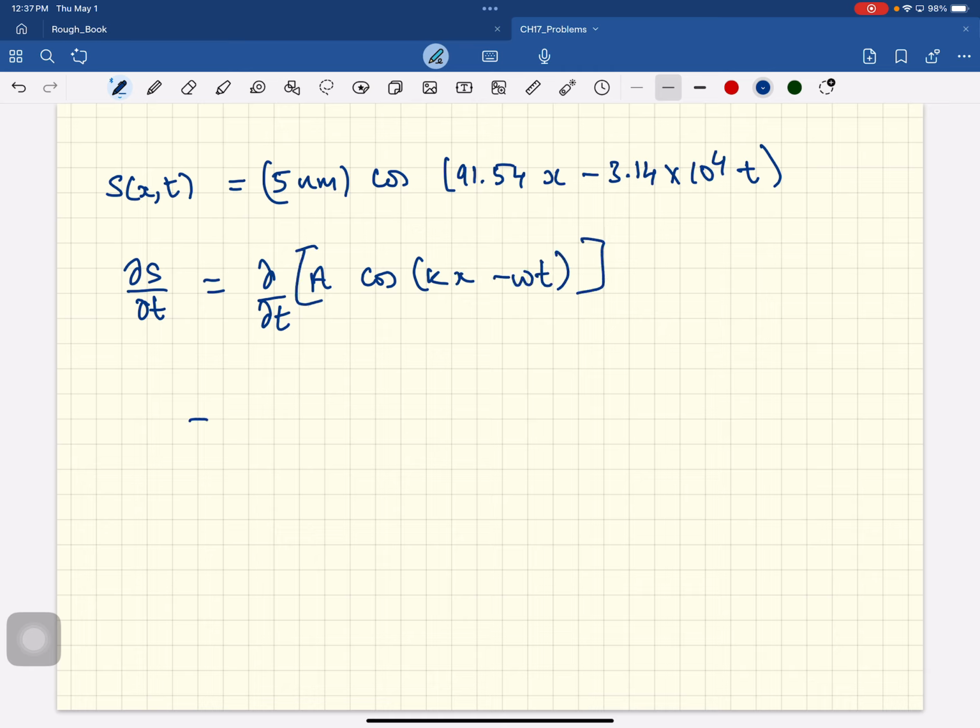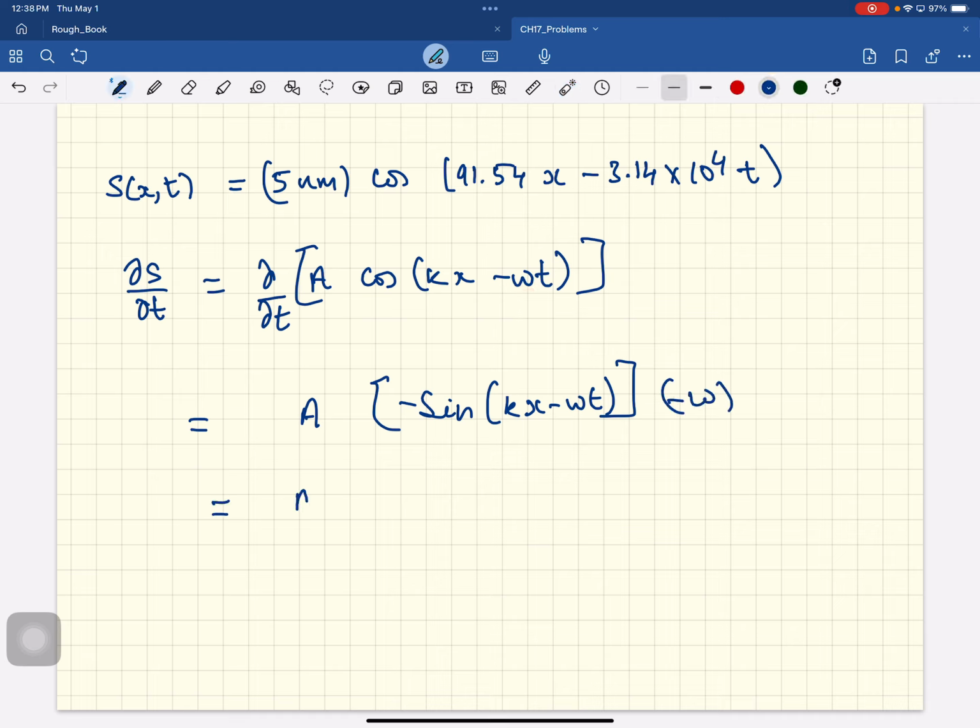The derivative of sine is negative cosine(kx − ωt), and when you apply the chain rule and take the derivative with respect to t, you get a minus ω. So it's Aω sin(kx − ωt).